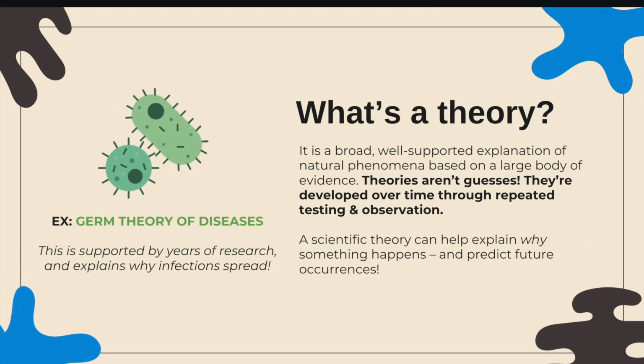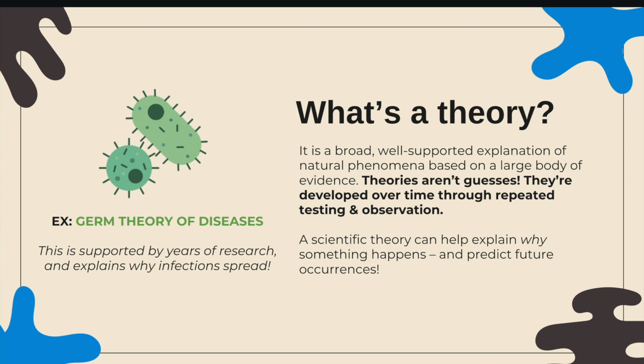What is a theory? A theory is an explanation that has been tested over and over and over again and proven by a large amount of evidence. It's not just a guess, it's built over time through a lot of testing, evidence, and observation. A good example is the germ theory of disease. This theory explains that diseases are caused by microorganisms like bacteria and viruses.